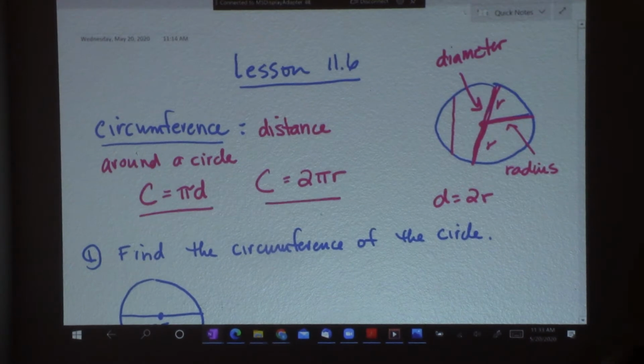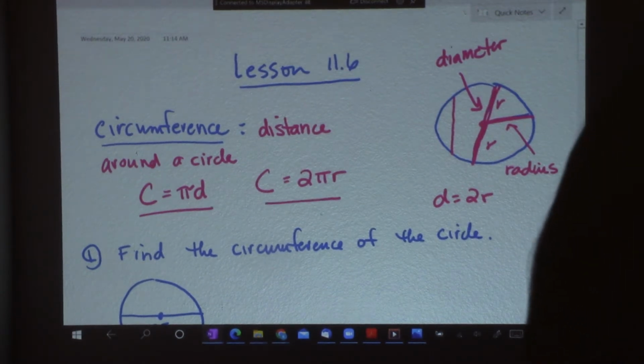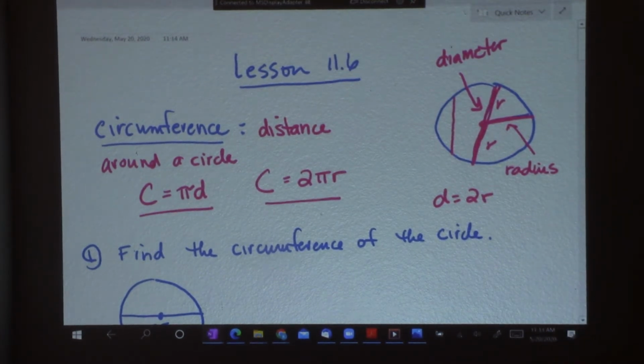So depending on what information I have or what I want to solve for, I can either use pi d or 2 pi r. Now pi is that magical number that just has to do with circles. If you multiply the diameter by 3.14, you will get the circumference of the circle.